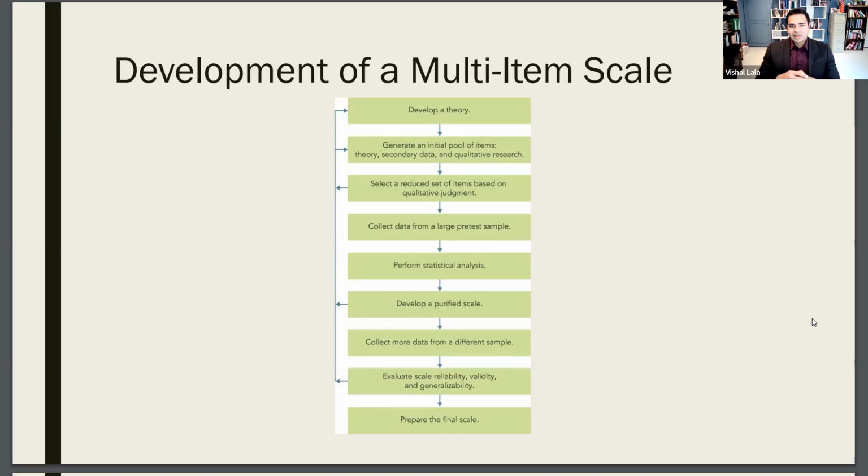The bottom line here is that developing a multi-item scale involves a number of steps, which conclude in assessing scale reliability and validity. For this reason, it is always best to use a pre-existing scale rather than attempting to reinvent the wheel.